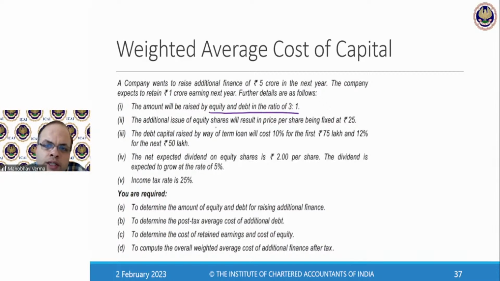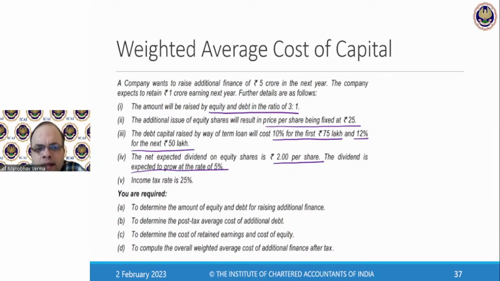Additional issue of equity shares will result in the price per share being fixed at 25. The debt capital raised by the term loan will cost 10% for the first 75 lakhs and 12% for the next 50 lakhs. Net expected dividend on equity shares is 2, and the dividend is expected to grow at 5%.